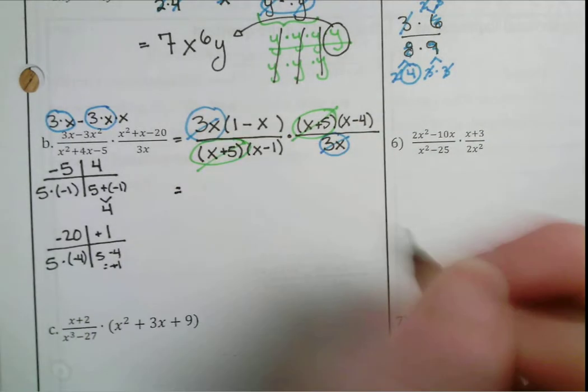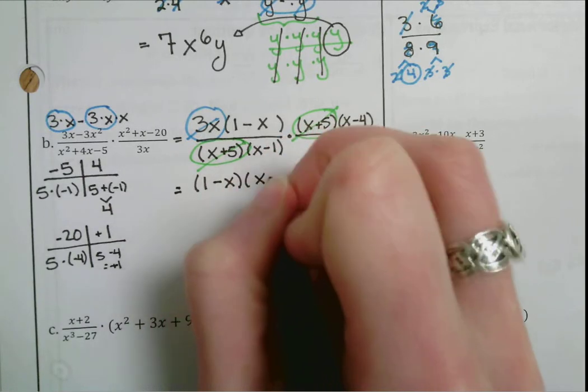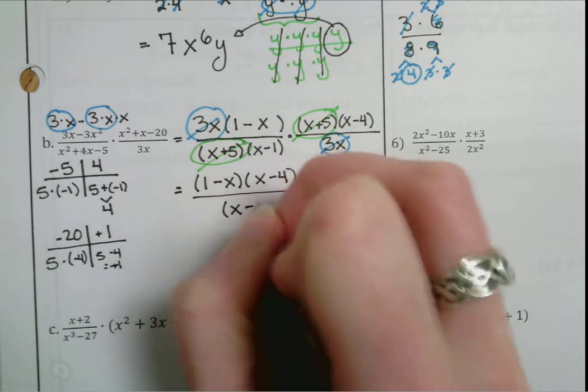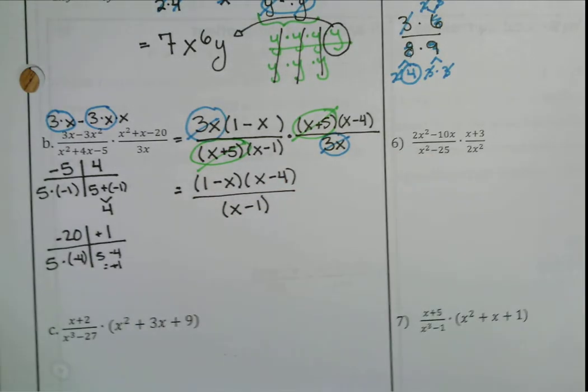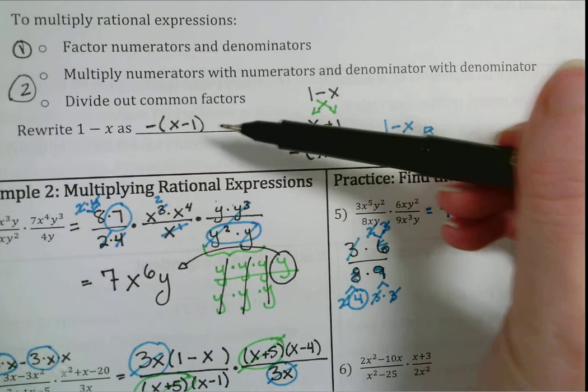So we have the 1 minus x and the x minus 4 all over an x minus 1. So these aren't quite the same yet, but they look similar enough. We're going to be like, hey, I think I can do something with this. Well, that was what we talked about right here. We're going to rewrite it as a negative x minus 1.